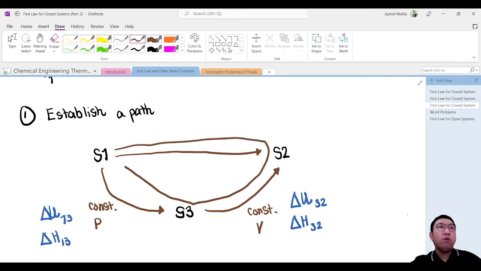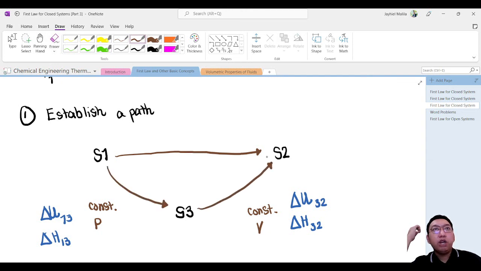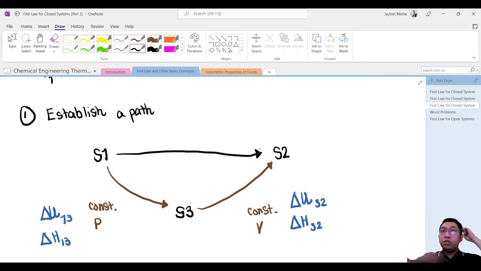So that should be the loop. But in this case, we are making an alternative path. So I think it would be good to change the color of the path as compared to the color of the original path or the original step. Remember that this is not a closed loop, but we are creating another path, okay?